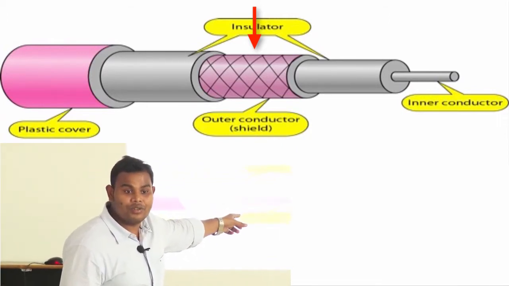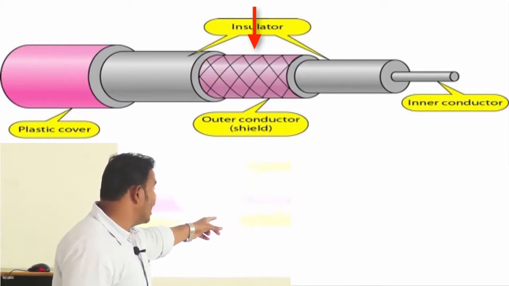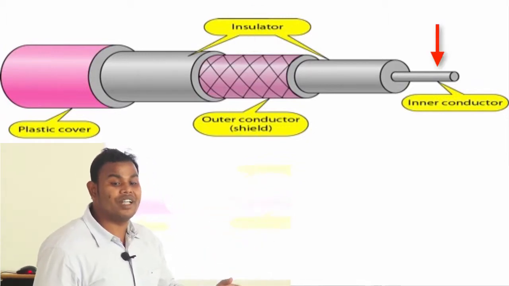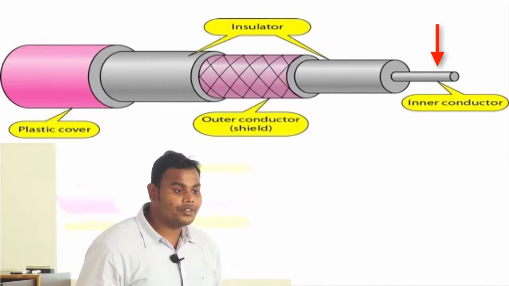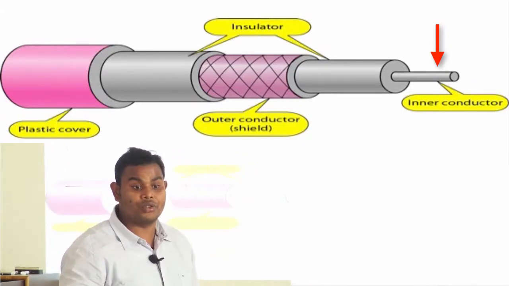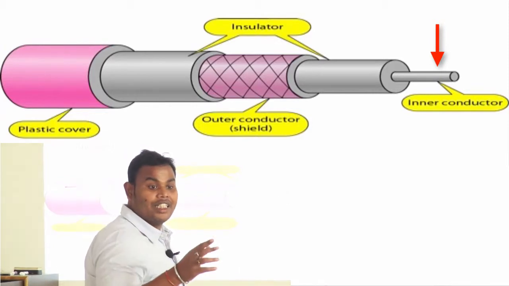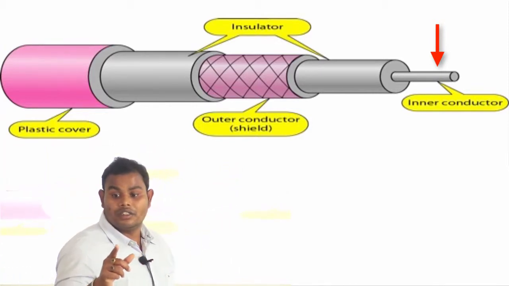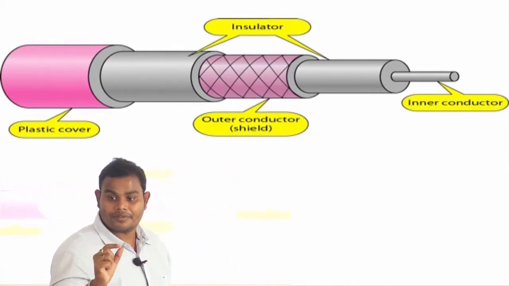And the inner conductor is going to be affected less. Data will be more secure in comparison to the previous one, twisted pair cable, because there is only one conductor inside the cable.